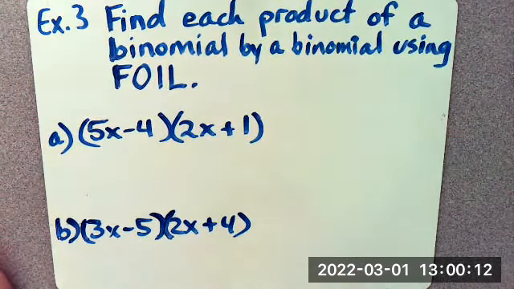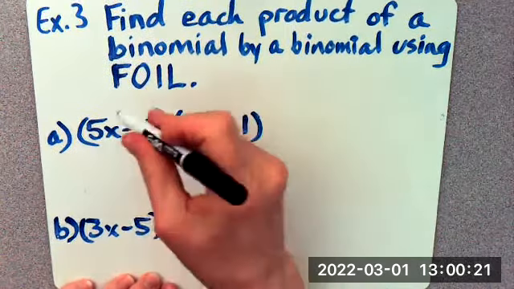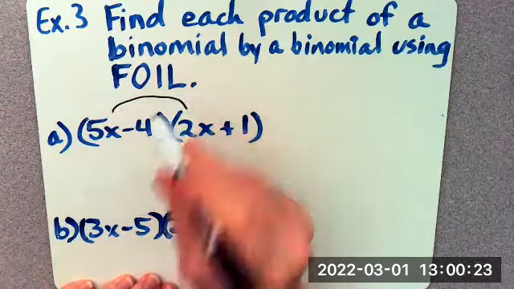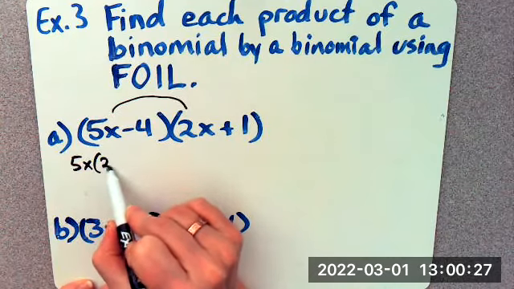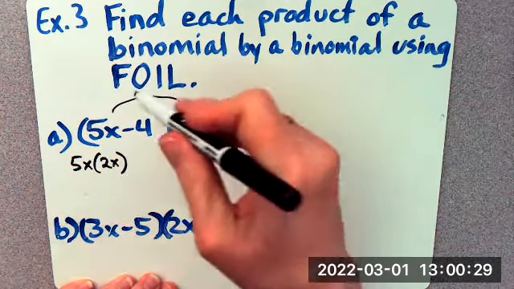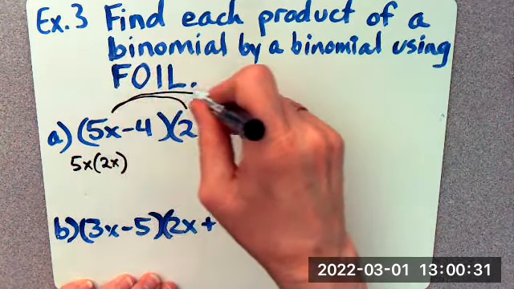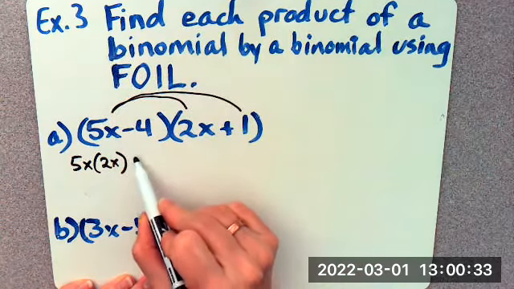So we're going to find each product of a binomial by a binomial using FOIL. We're going to start with first. So we have 5x times 2x. Then the outer ones, 5x times 1.